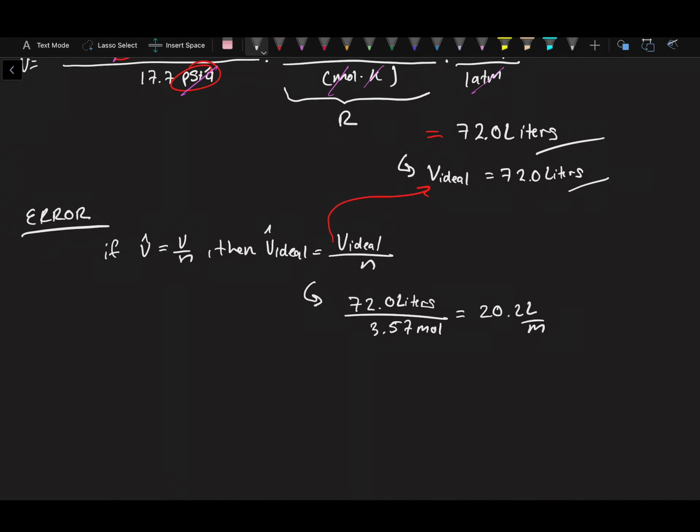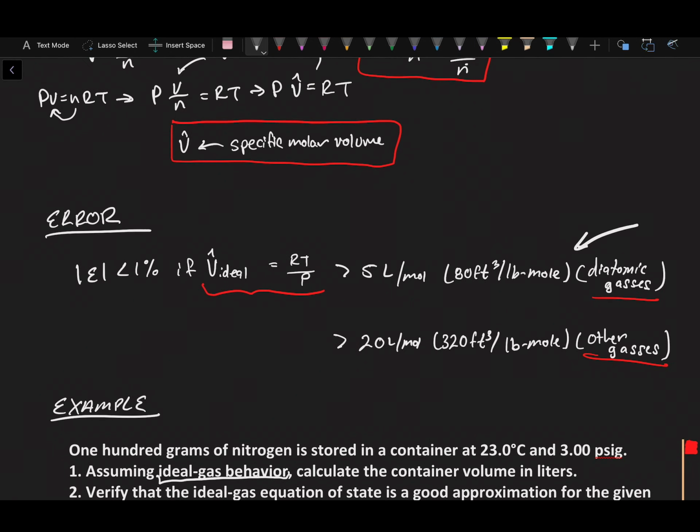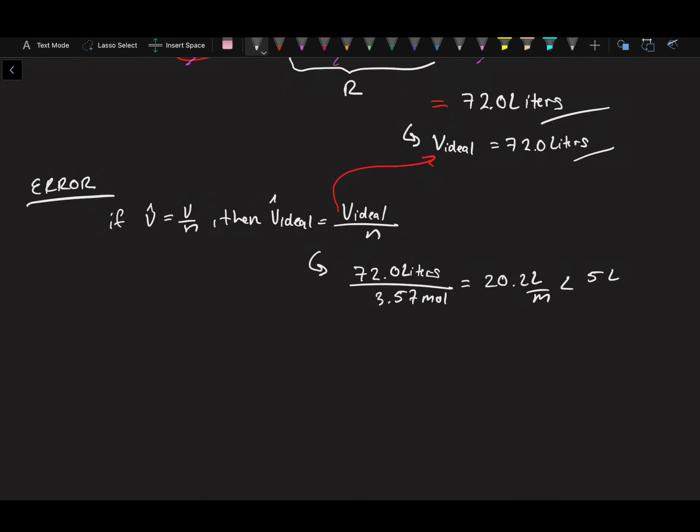And what do you know? Nitrogen is a diatomic gas, right? So we want to look at this rule right here. And 20.2 is definitely greater than 5 liters per mole. And therefore, we say that we have a percent error of less than 1%. So, because it's greater than 5 liters per mole, our error is less than 1%.